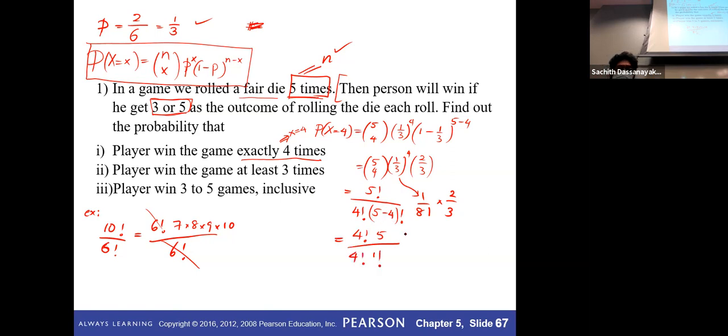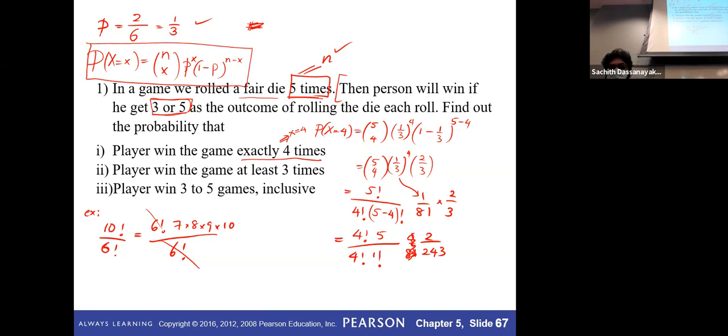See this one. 1 over 81 times 2/3 is 2 over 243.